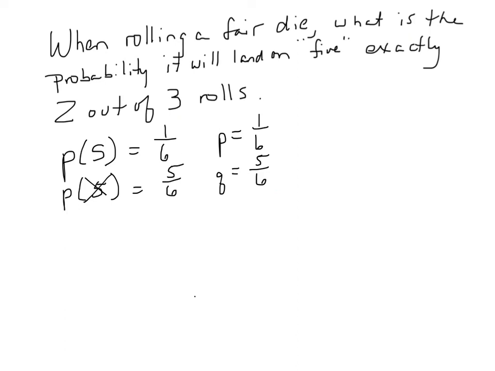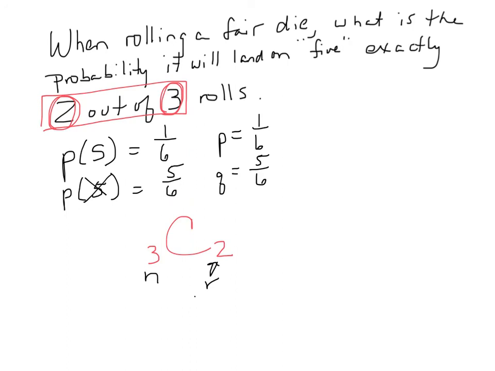Now the other thing I need to look for is this phrasing right here, 2 out of 3 rolls, and that's my combination. That's going to identify my N and my R, or my number of successes. So when I put this together, it's going to be the combination of 3 rolls, and I need to get 2 5s. So this is my success here, this is my R, this is my N. Probability of success, which is my P here, is going to be 1 out of 6, and I need that to happen twice.